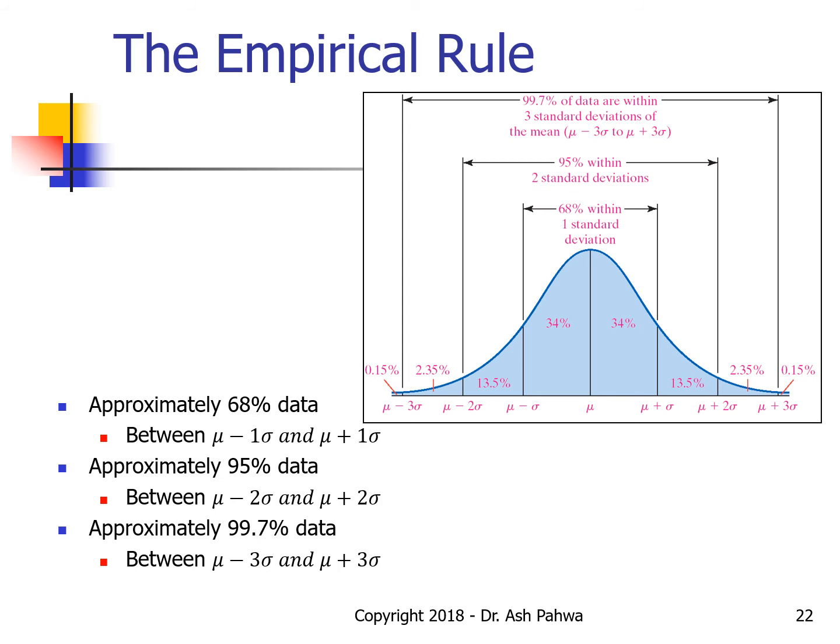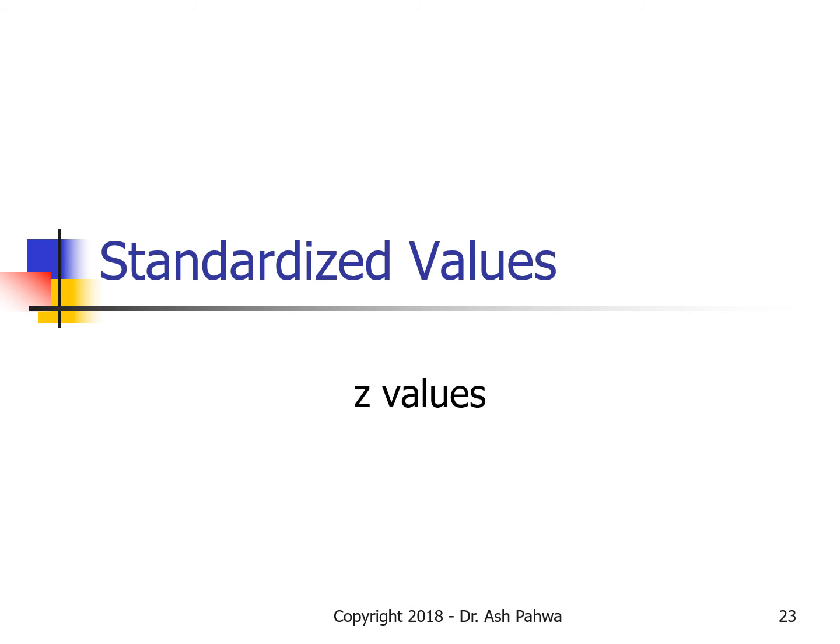And 99.7% of the data falls between mu minus 3 sigma to mu plus 3 sigma. These percentages are very important. Later on, when we look into hypothesis testing and compute the inference data, this particular chart will become very useful.